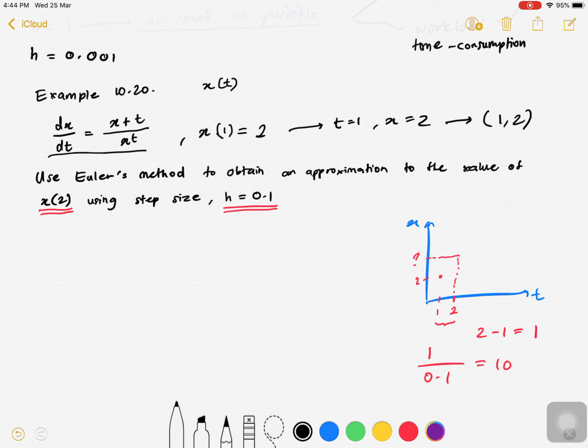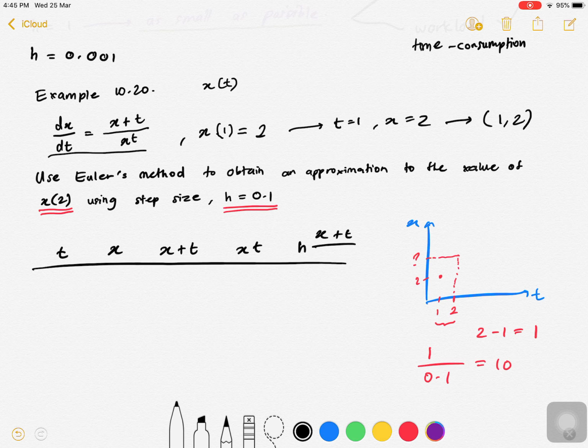Actually we can make a table like the one given in the answer in the book. We will have a t column, an x column, and an h times f column, which is h times (x plus t over xt).